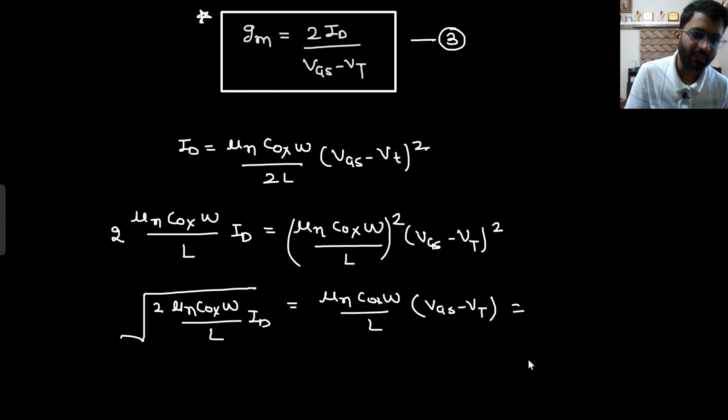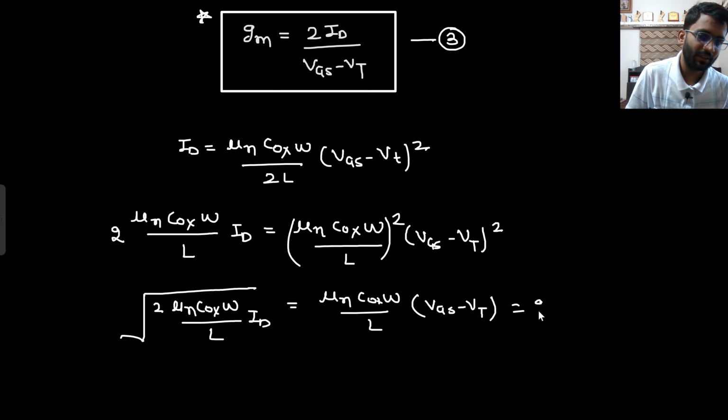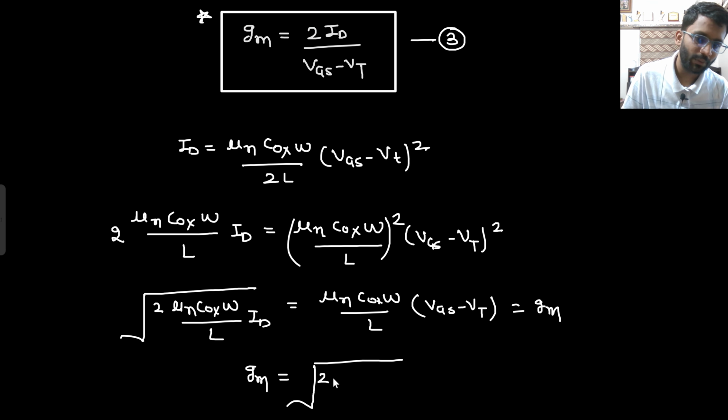And what is this expression equal to? Mu n Cox W by L VGS minus VT is equal to GM. So one more formula of GM I am getting. Again I am recommending you remember it: under root 2 into mu n Cox W by L ID. That's it.